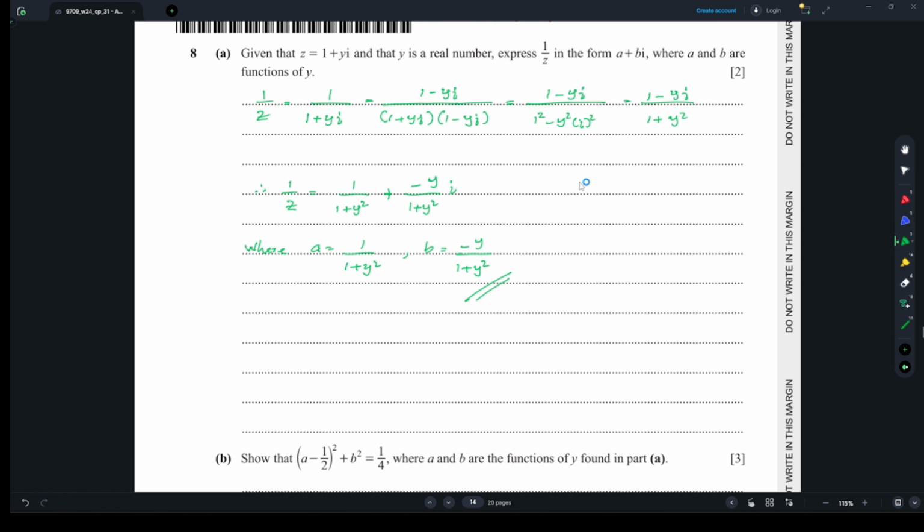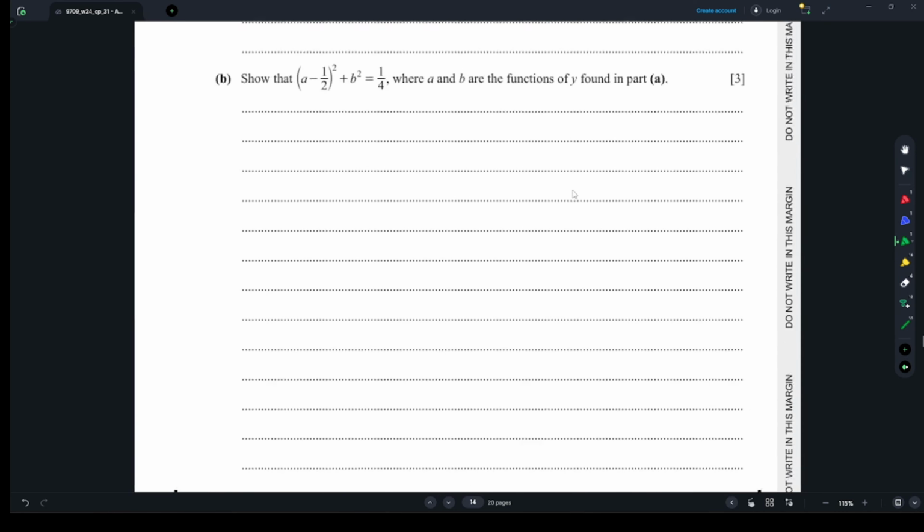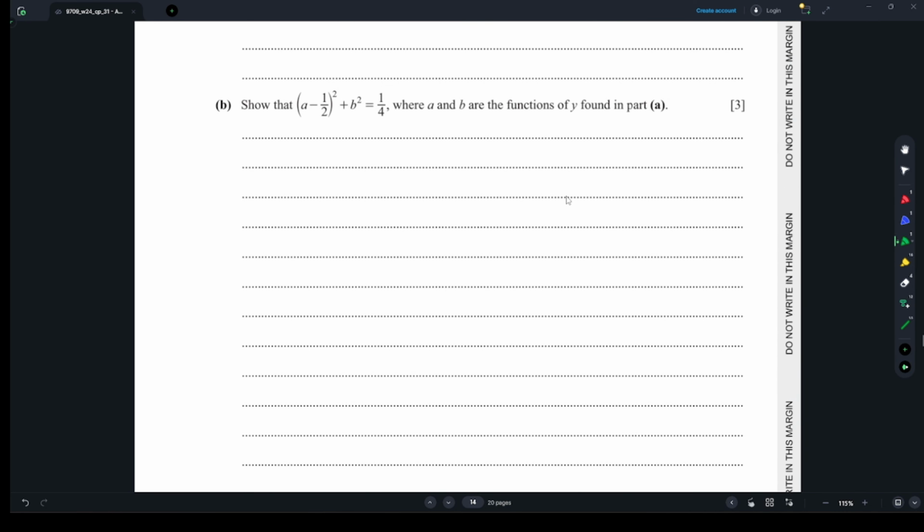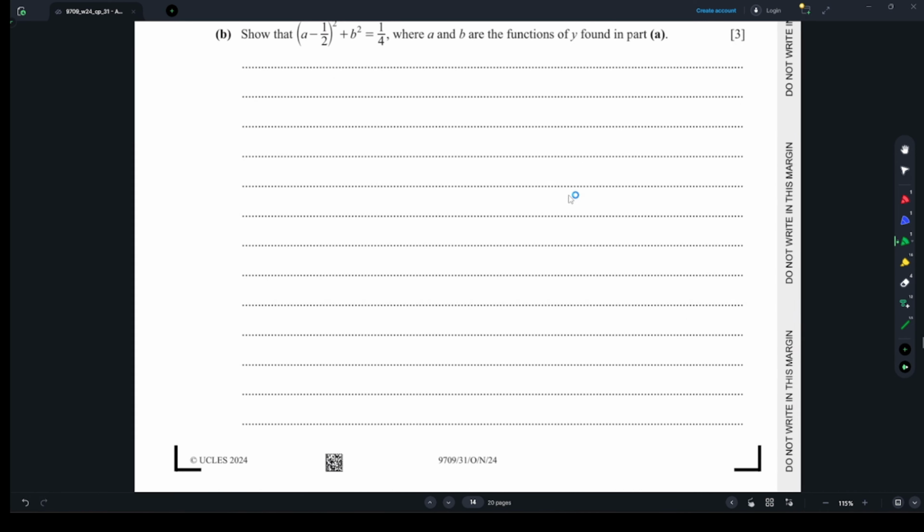Okay, so it's easy. Now they're asking, okay, show that a minus half squared plus b squared equals 1 over 4, where a and b are functions of y, found in part A. Okay, so we will consider the left side because we have more information there.